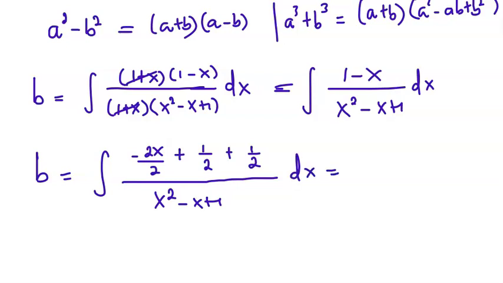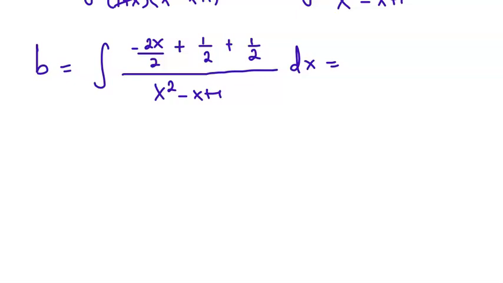You may not get this idea properly, but you will see the magic, okay? If you check properly, negative 2x divided by 2 gives us negative x. Then 1 over 2 plus 1 over 2 is 1. So we still have negative x plus 1.